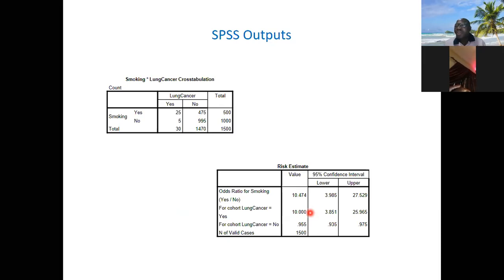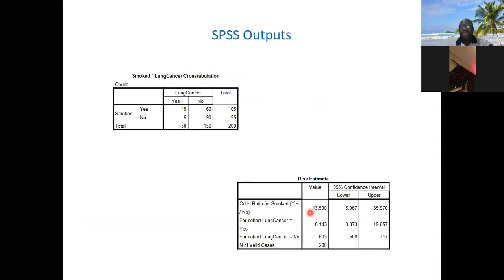But you are 95% confident that it will be between 3.85 and 25.9. You can just say between 4 and 26, the range of values, at 95%. So it can be anything in between. So that is the confidence interval for you.